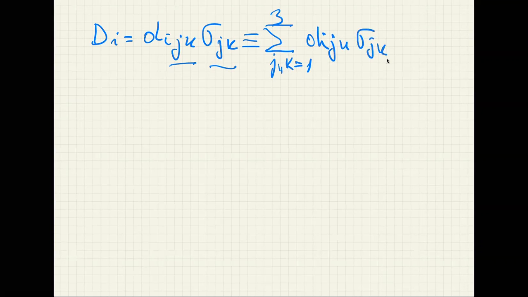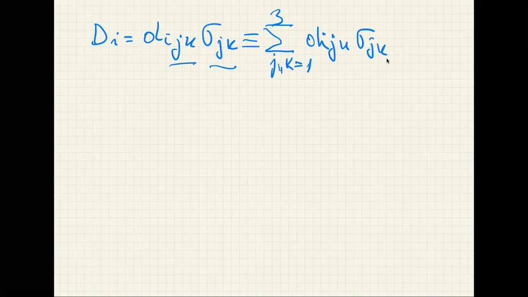This is the so-called Einstein notation, which I assume in all equations that will be written, just to avoid writing the summation sign.